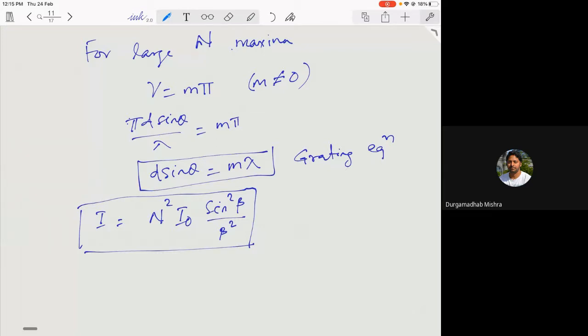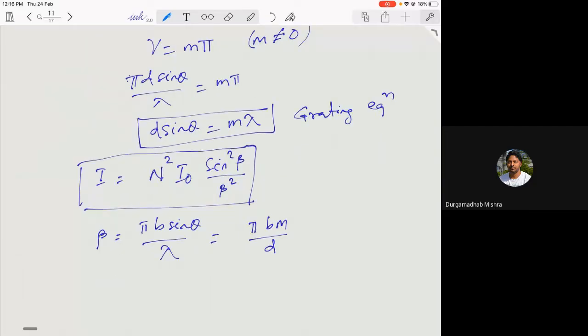So you don't have only one maxima. What happens is you will have several maxima corresponding to when beta is defined like this, right? So just to remember again, substituting that, if sine theta is m lambda by d, in that case your beta would be equal to pi b m by d.